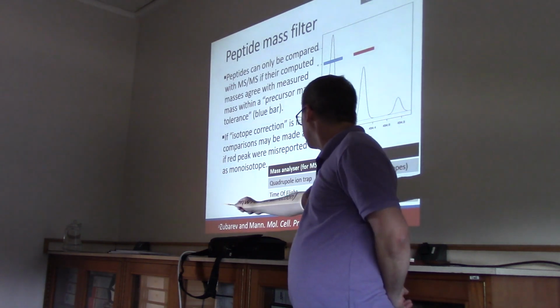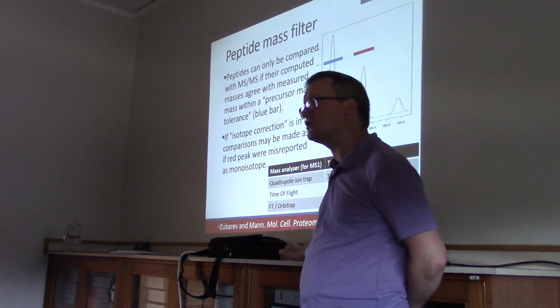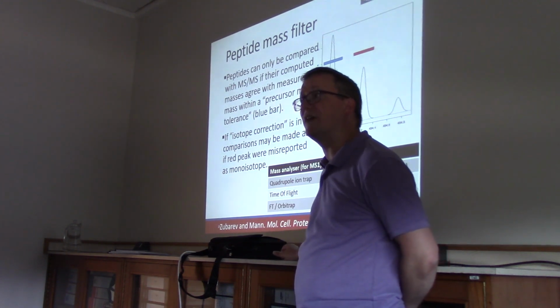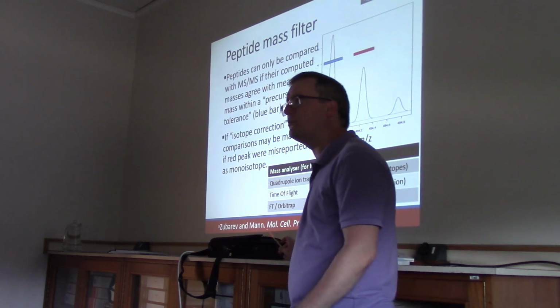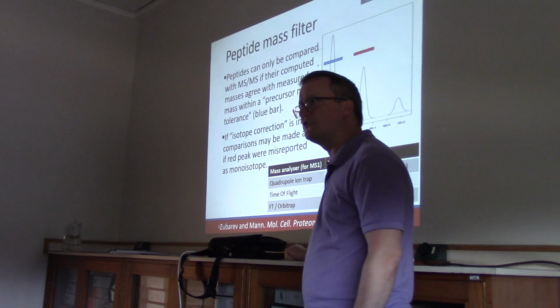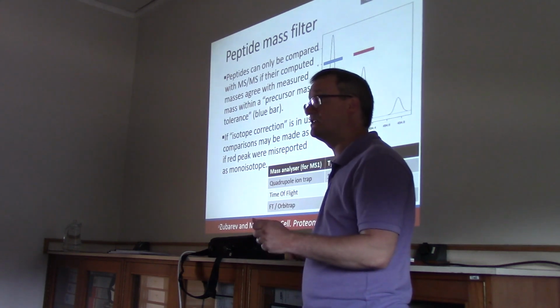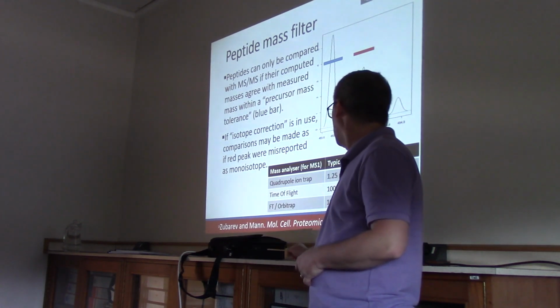You see a lot of people today using quadrupole time-of-flight instruments. For example, we have a triple TOF over at UCT that people use. There are a fair number of these in the country at this point. QTOF instruments have much more mass accuracy than quadrupole ion traps.